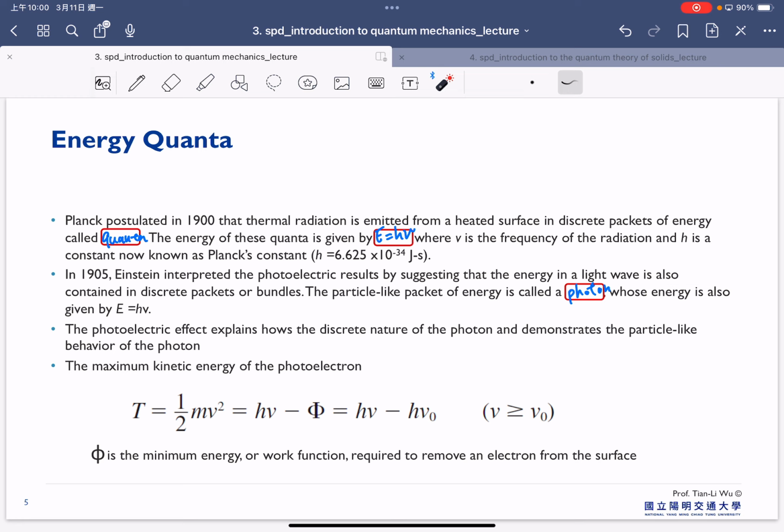Therefore, the photoelectric effect explains the discrete nature of photons and demonstrates the particle-like behavior of a photon. And the maximum kinetic energy of photoelectrons can be considered in here, where φ is the minimum energy, or work function, required to remove an electron from the surface.